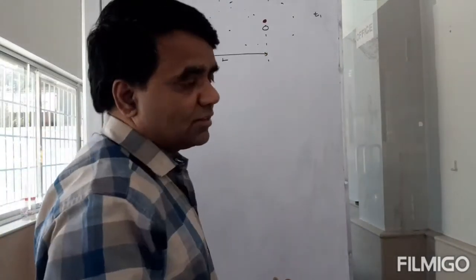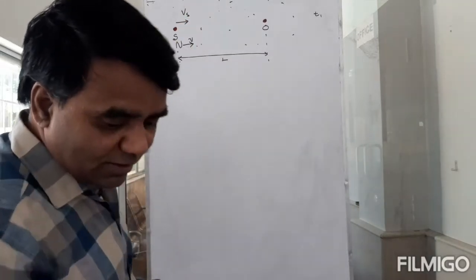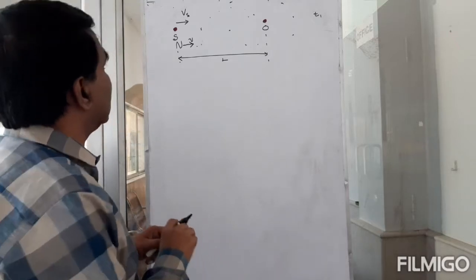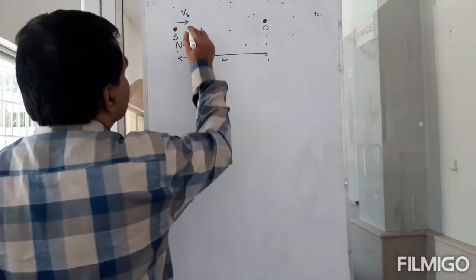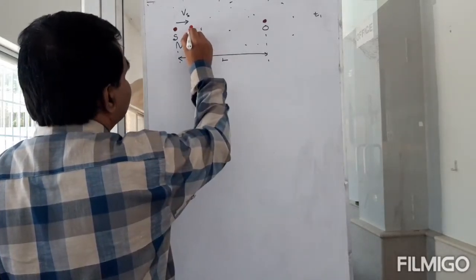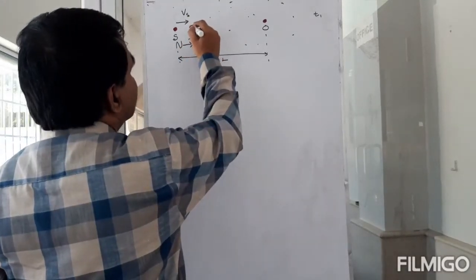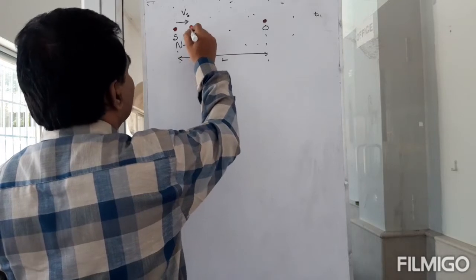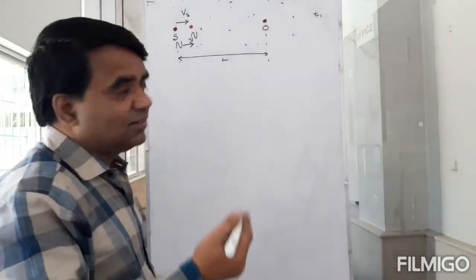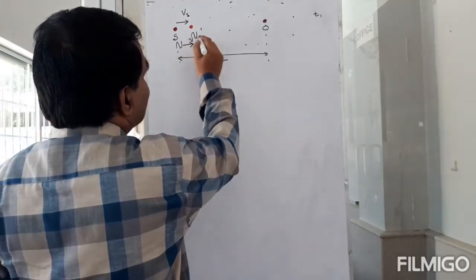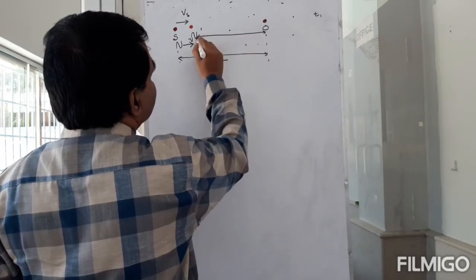Okay. So let's say we take T1 to reach you. And let us suppose that in the time T1, since the source is also moving in this direction, the source will now be here. And when this source at this position releases the next cycle, then that will travel this distance.